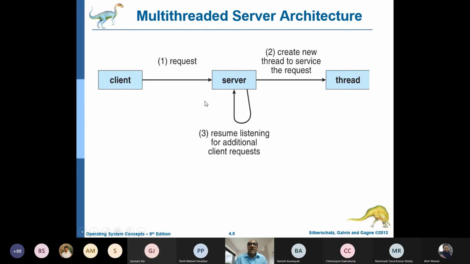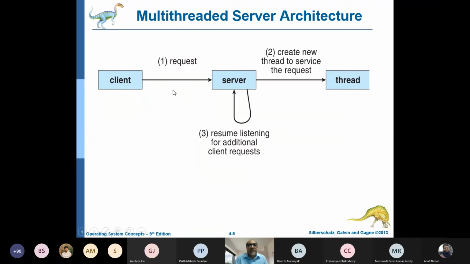Whereas the other way is, in case the server process is a multi-threaded one, it can handle the client requests using separate threads. That means when a client request arrives, the server will create a thread, and the client request will be passed to the newly created thread, and the server will again keep on listening for requests with the other thread.